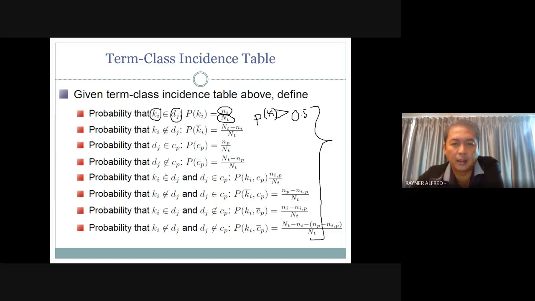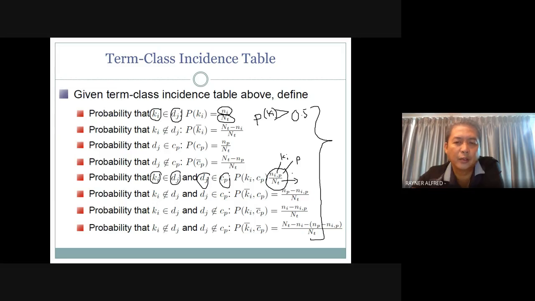Okay. So the rest is basic. This is basic statistics. For example, the probability that the keyword belongs to the document and that document belongs to the class P. The value will be, we look at the number of documents that contain keyword I and belong to class P divided by the total of all documents.